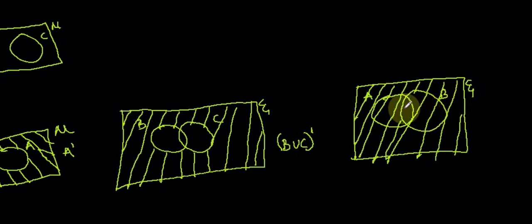Everything that is outside their intersection is what we call A intersection B complement.